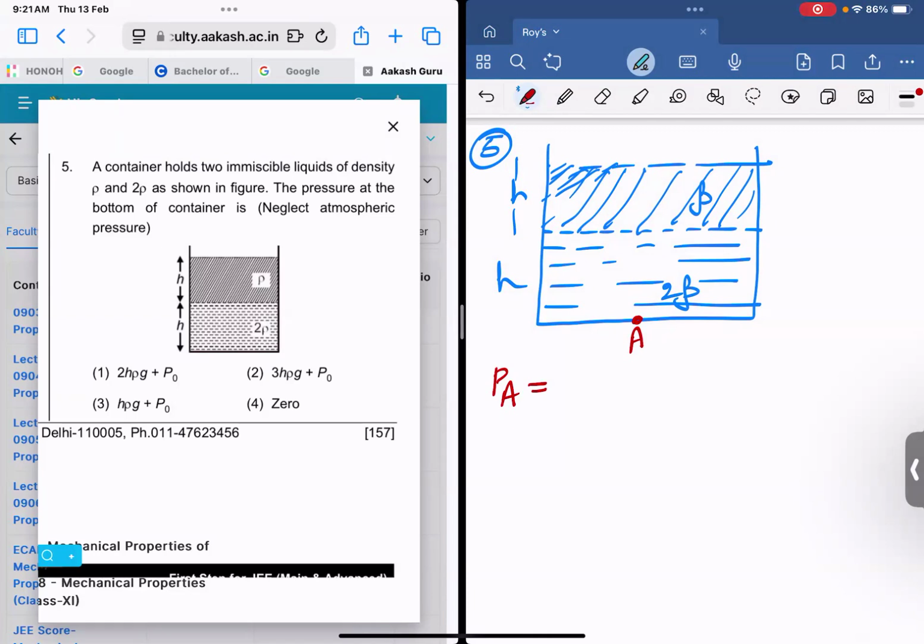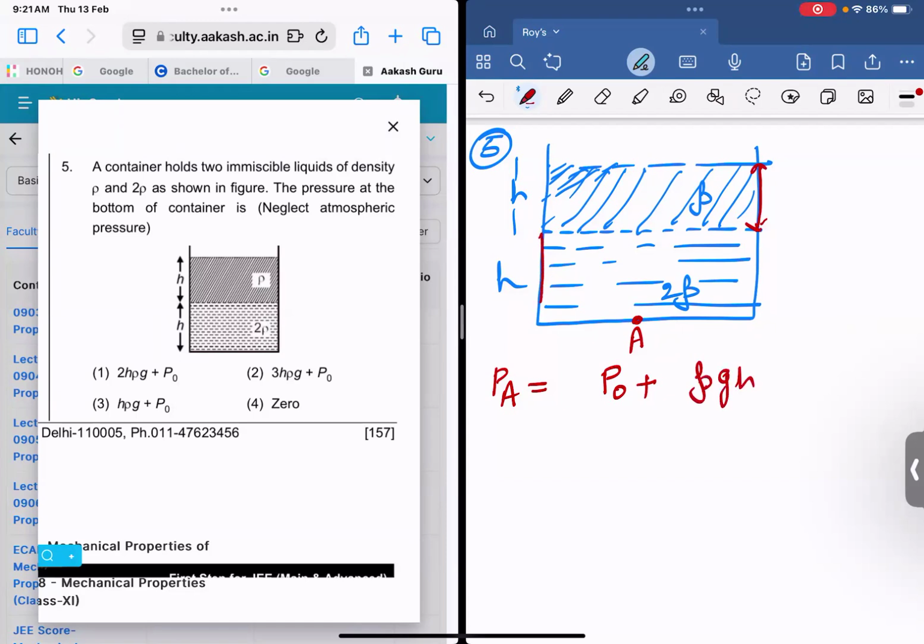Let's suppose the atmospheric pressure, P naught, is always there. The pressure for the rho part will be up to height h only, so this will be rho gh.